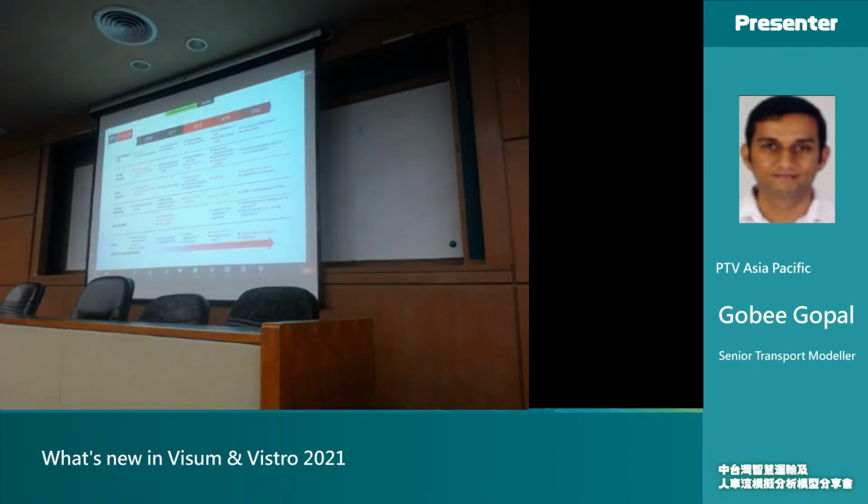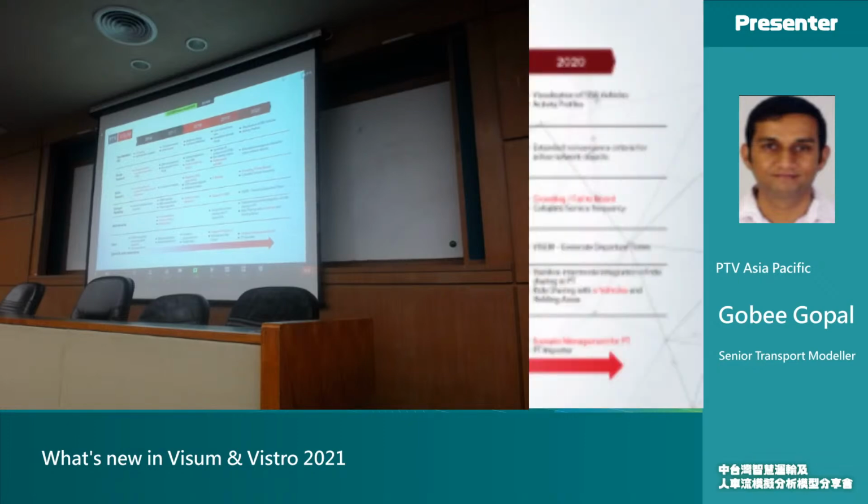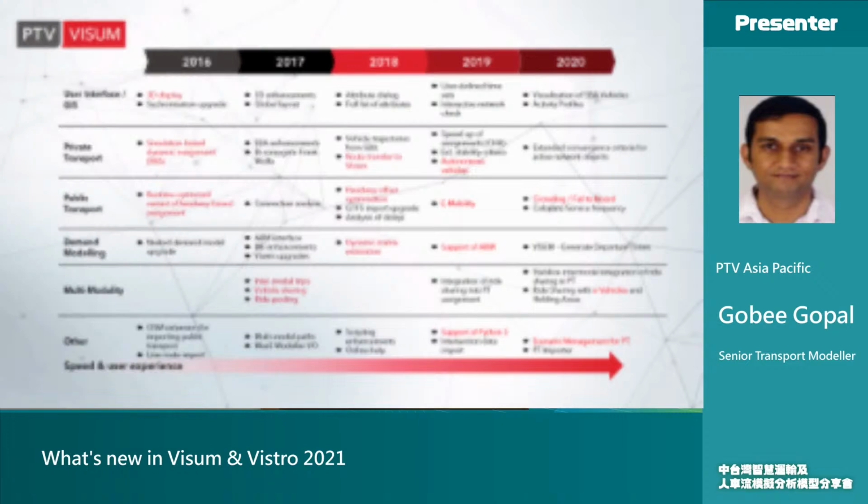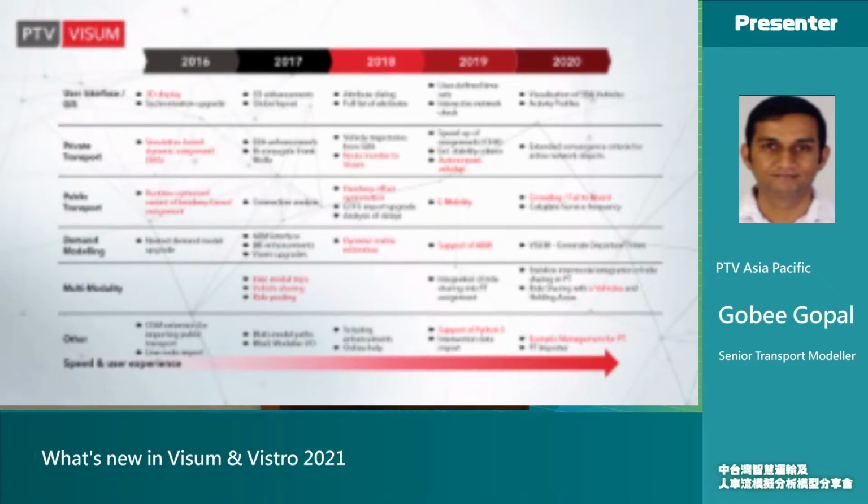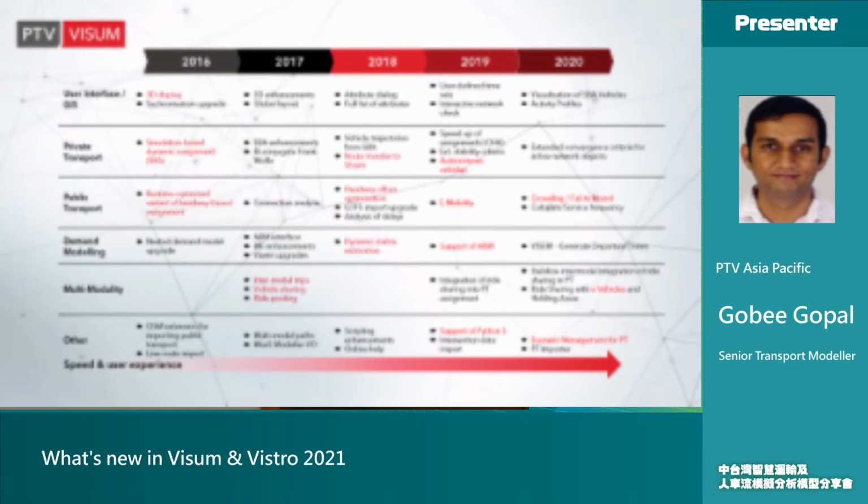Before I elaborate in more detail on the new features, let me take you through the ongoing development from the past to the present, from 2016 to 2020. In 2016, we improved the 3D display, simulation-based dynamic assignment, and the runtime optimized variant of headway-based assignment.